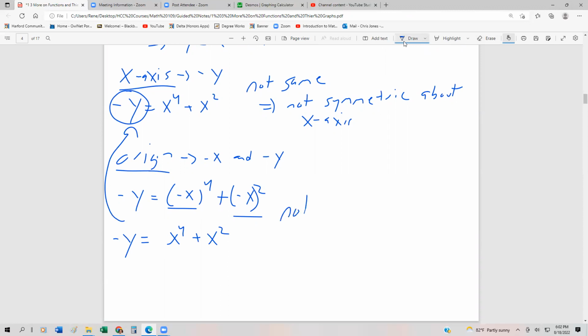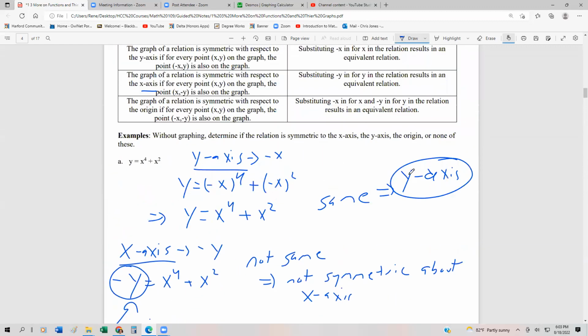So since it is not the same, that means that there is not symmetry about the origin. And so the only symmetry exhibited is about the y-axis for this relation.